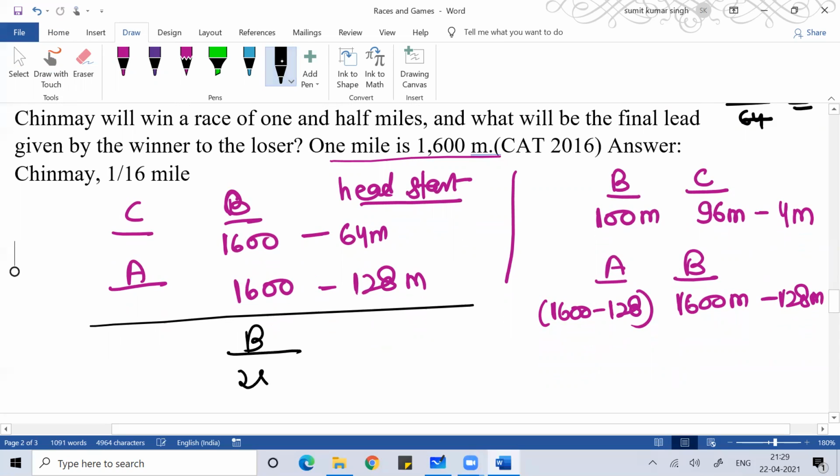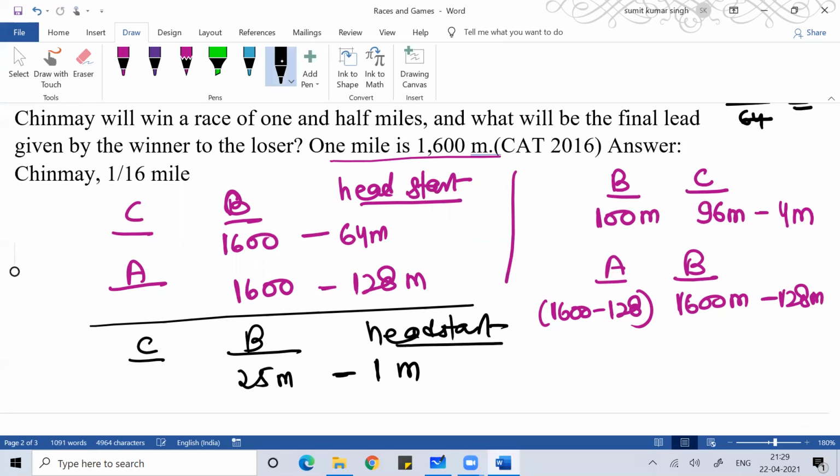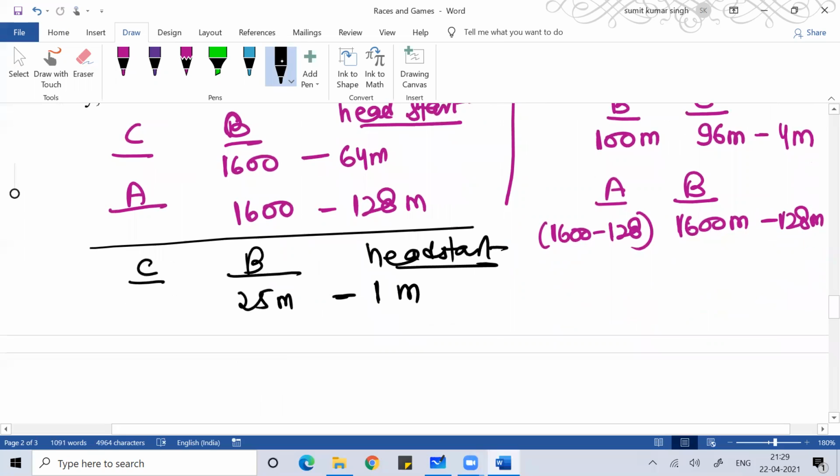So in a 25 meter race, Bhairav will give 1 meter head start to Chinmay, and 2 meter head start to Akshay. You can understand this in 25 meter race. Okay, Bhairav will give 1 meter head start to Chinmay and 2 meter head start to Akshay.